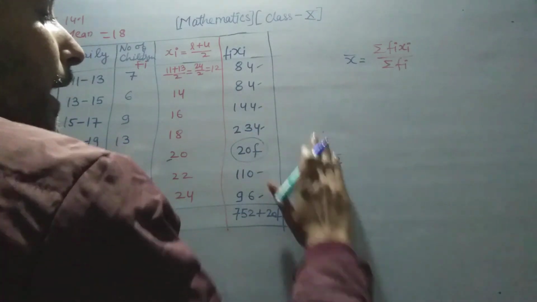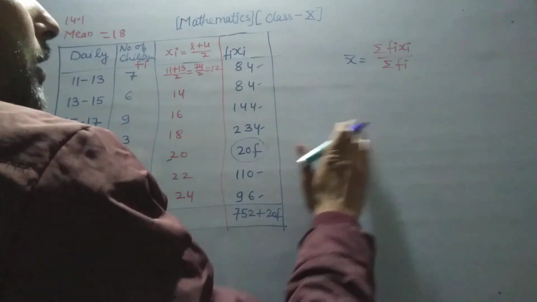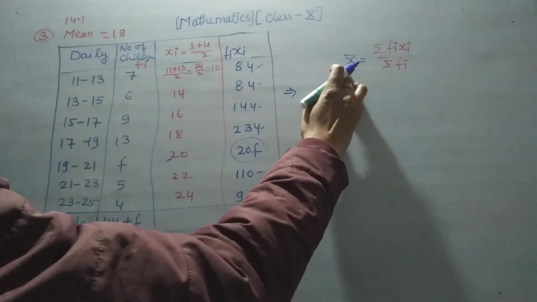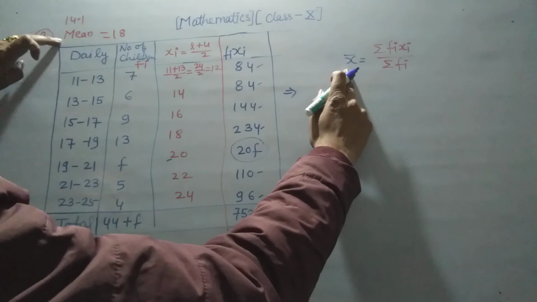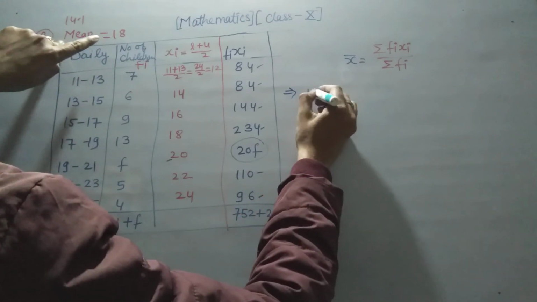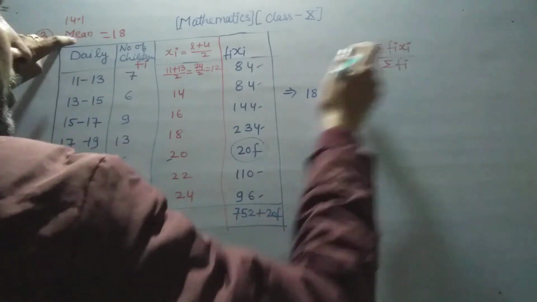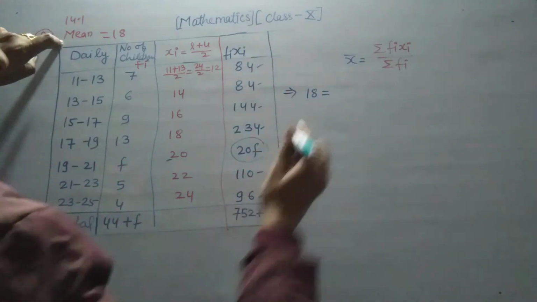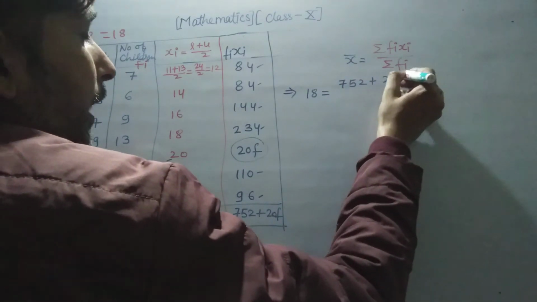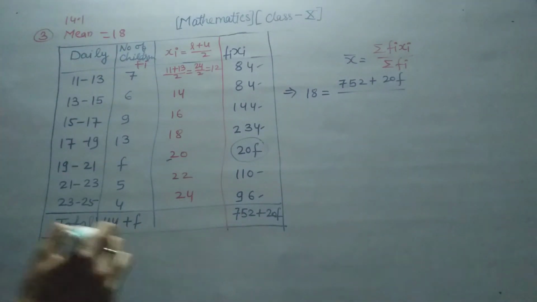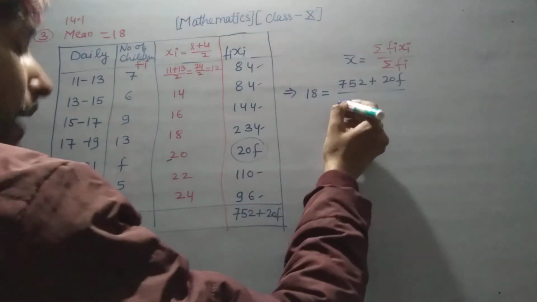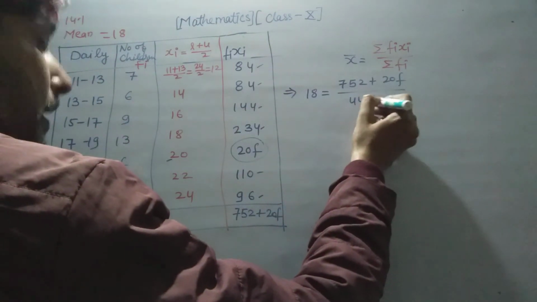Then you do the calculation with the help of this formula. You have to write all these values in this formula and then calculate the answer. x bar is the mean, and the mean is 18 here. So you put 18 equal to summation fi xi, which is 752 plus 20f, upon summation fi, which is 44 plus f.